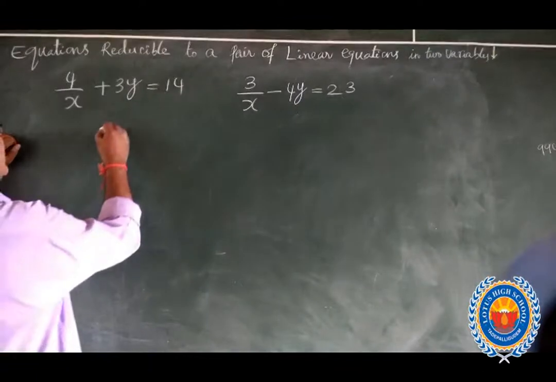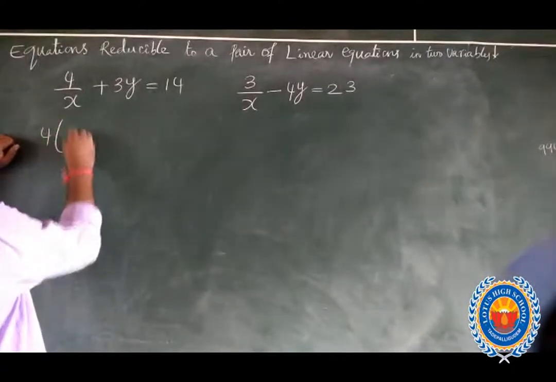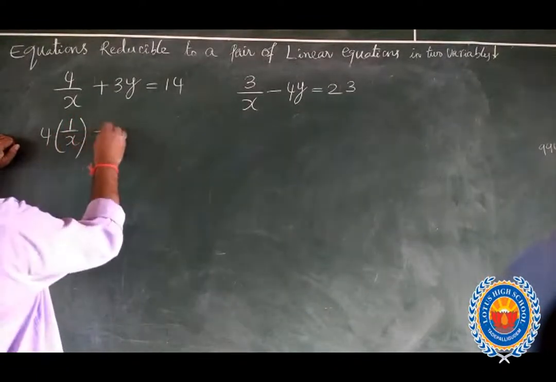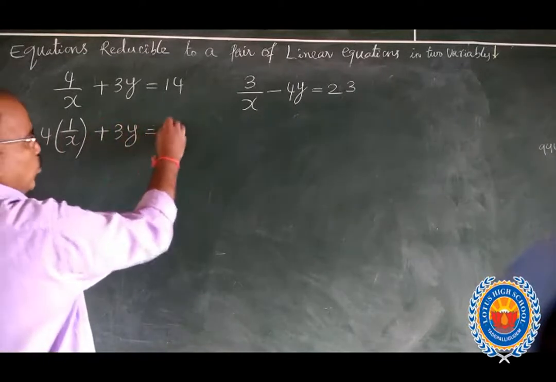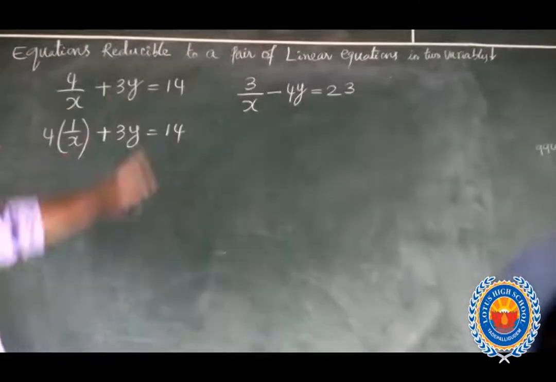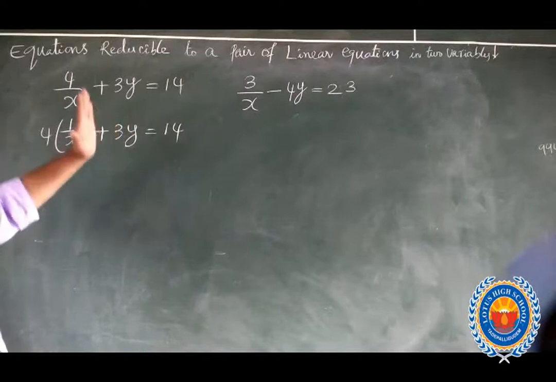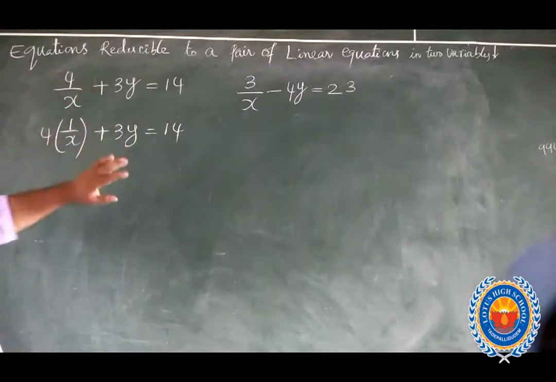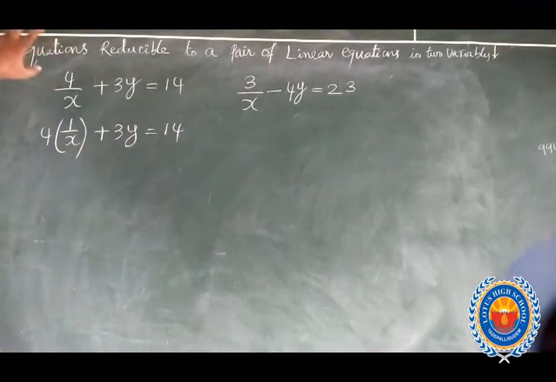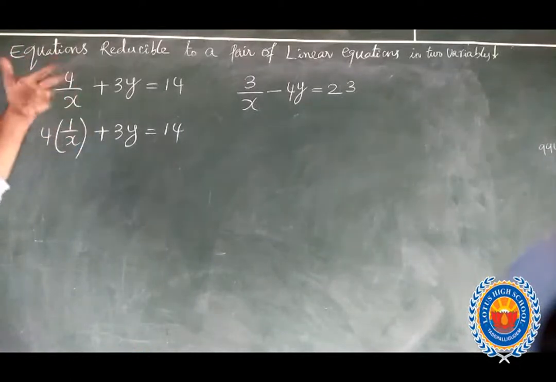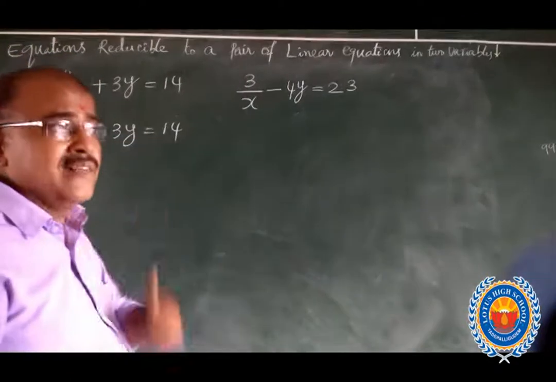You see here I can write 4 into 1 by x plus 3y is equal to 14. No need to disturb this 3y. Already it is in order, so leave it like that. Now only you should reduce 4 into 1 by x. Directly you can also do it by the elimination method, and that will be easy.